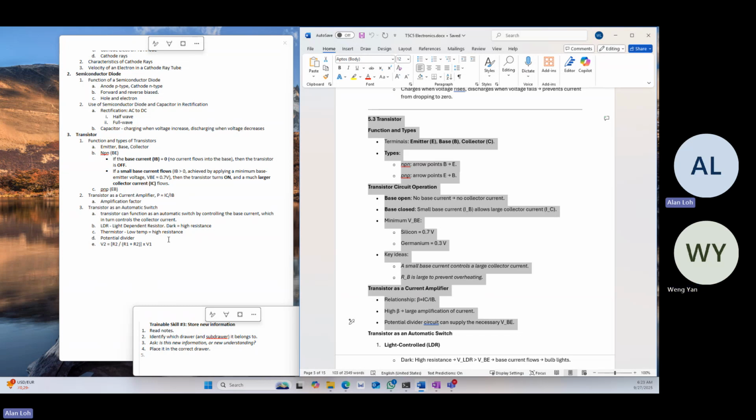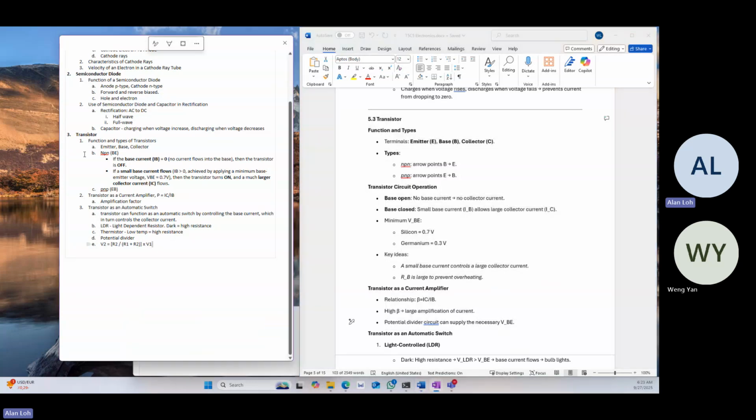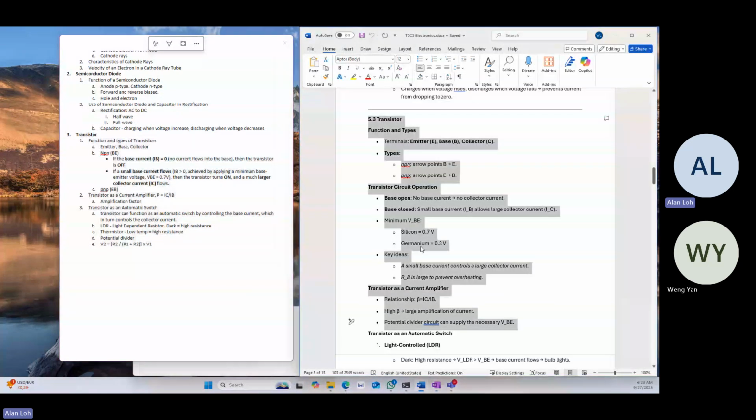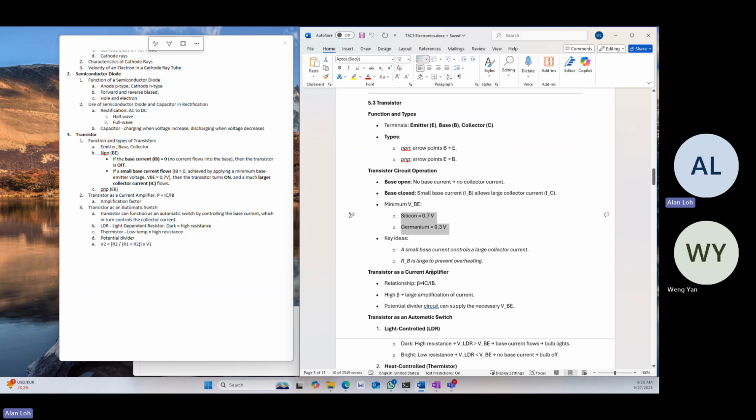The new information that I've got from here compared to the keynote notes are these 0.7 and 0.3. So this is to tell us that different materials will have different minimum voltage that is needed to be triggered, right?